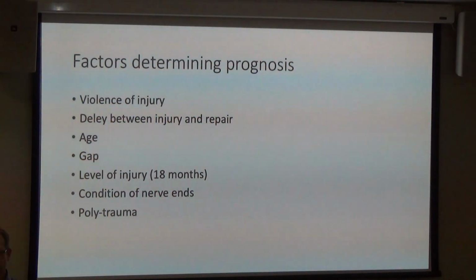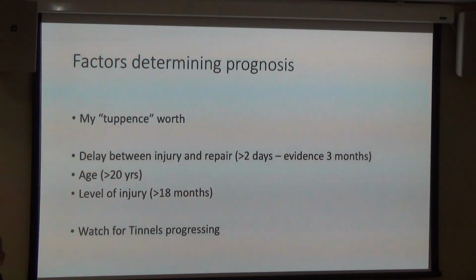Then there's the condition of the nerve ends, so tatty nerve ends, and polytrauma. This is my tuppence worth. Personally, I think three things make the biggest impact on whether you get a good outcome following a nerve injury. The first is the delay between the injury and repair.